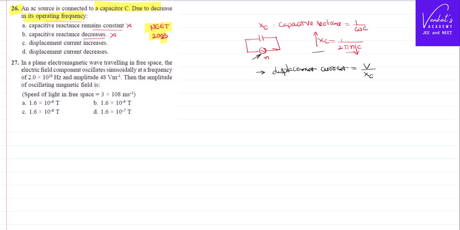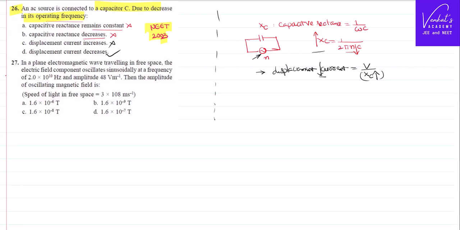As Xc has increased in the denominator, current decreases. So the displacement current decreases is the right answer. Displacement current increases is not the right answer, rather it decreases is the right answer to that question.